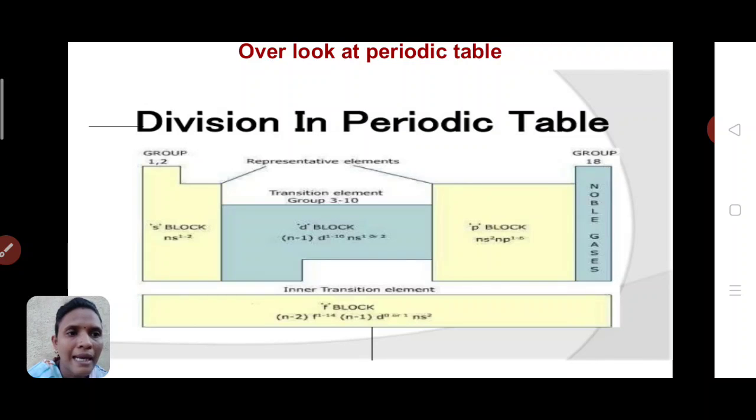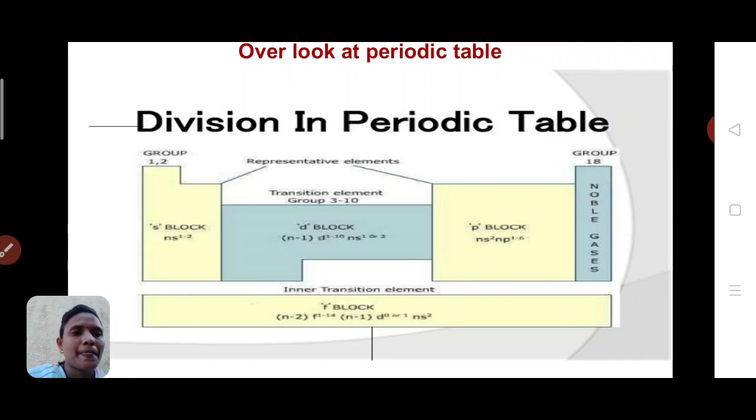S block and P block elements are represented as representative elements, and in between them the D block elements are present, that's why they are called transition elements. See the last group 18, which is represented by grey color; they are called noble gases, that is inert gases.